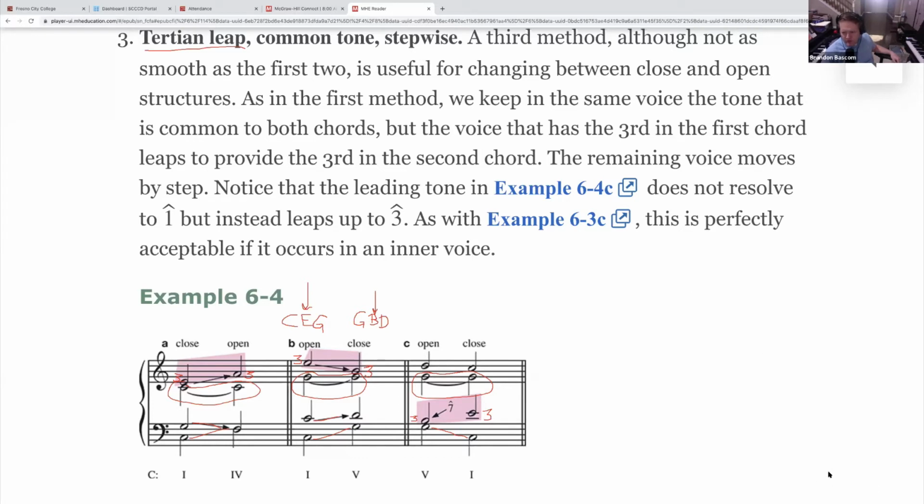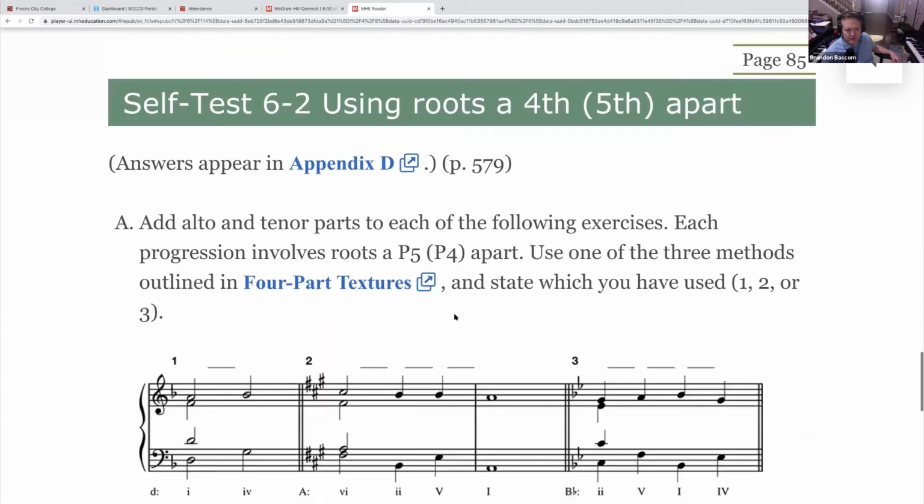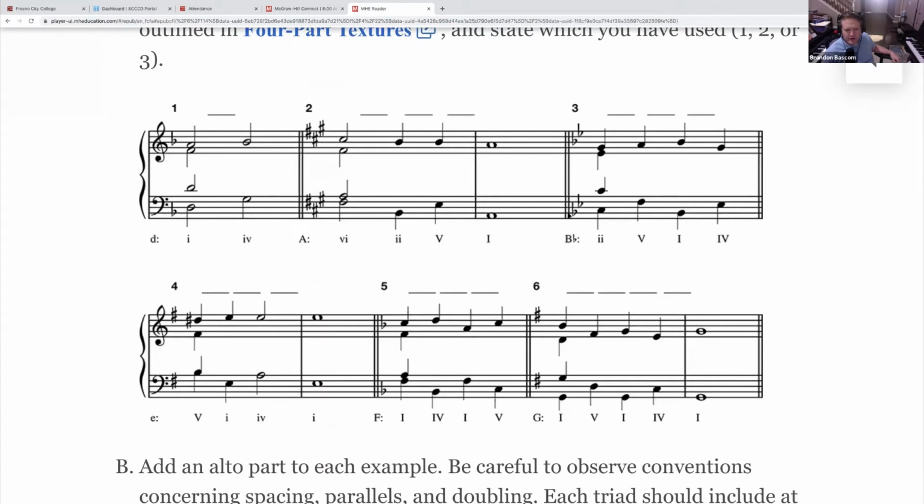So we left off last time in the middle of some examples from self-test 6-3. I think we were on number 4 with this class, but I'm going to go back and do number 3. We are in the key of B flat.